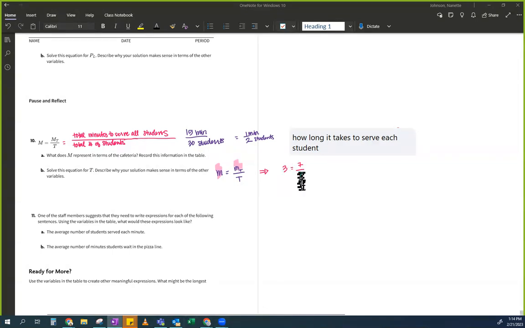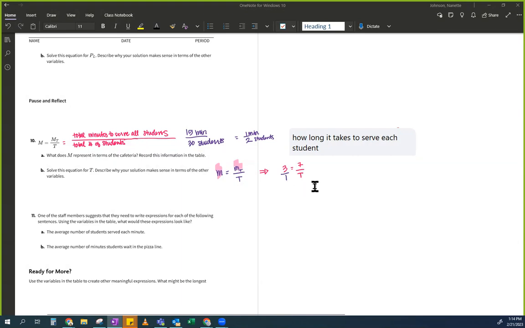How would you solve this? Any guesses? I will give you a hint and then someone will be like, oh, I remember this. This one's a little tricky because of where your variable is.